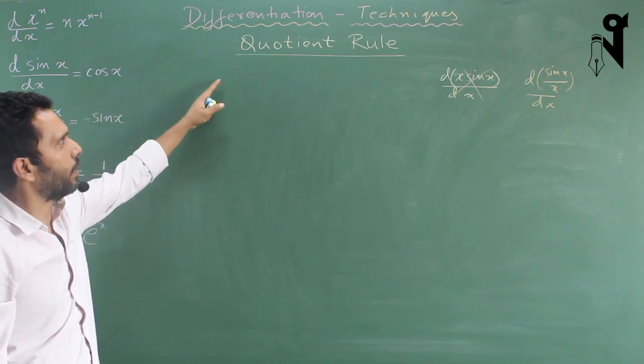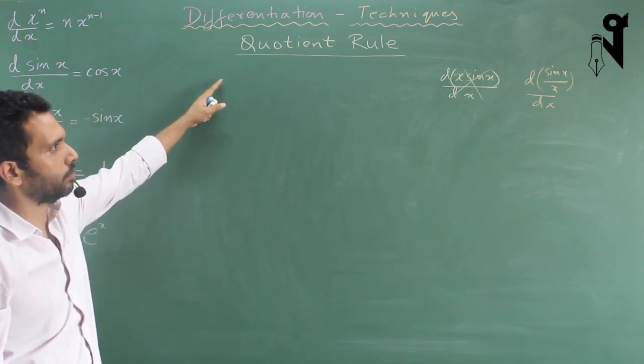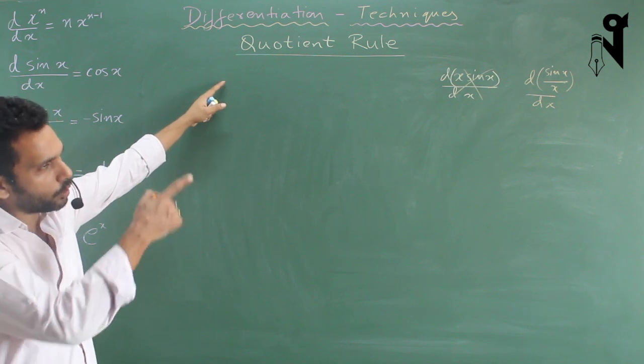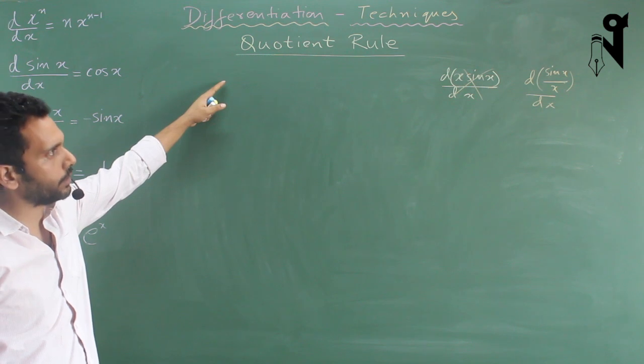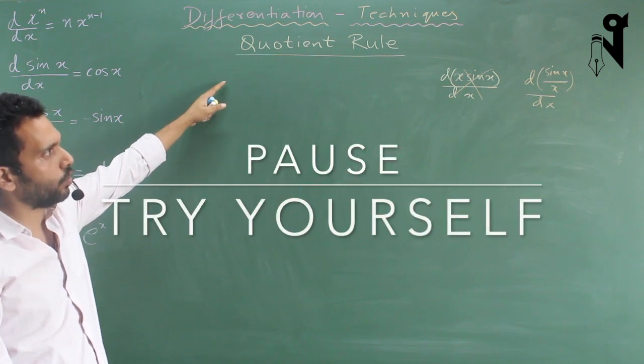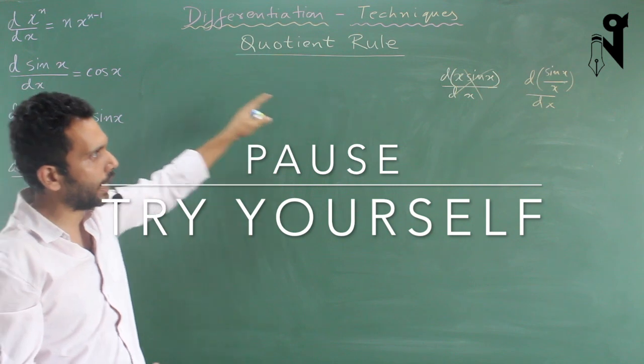Now suppose I haven't taught you quotient rule, that is something by something. How would you do that? Can anybody do that? Pause the video. With the rules taught till now, try to do that.